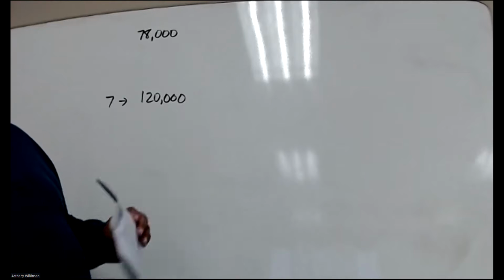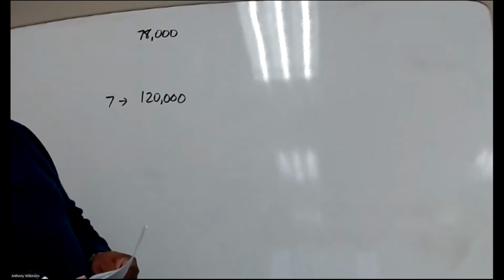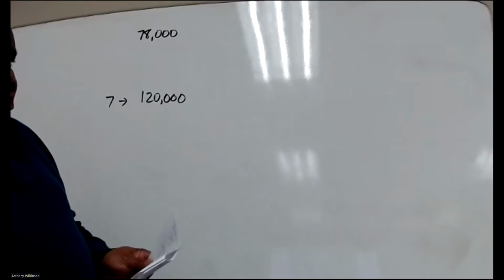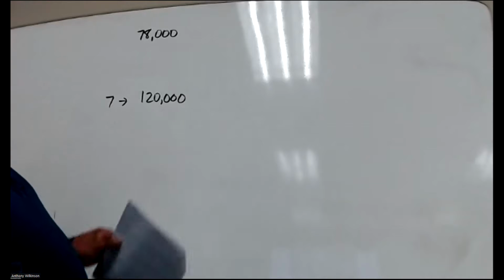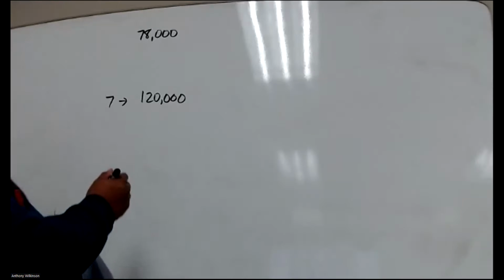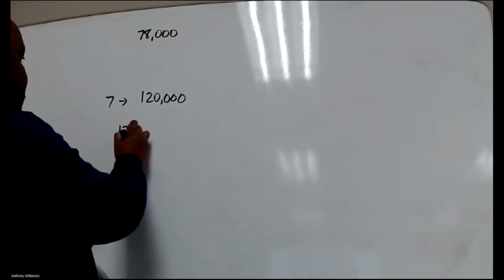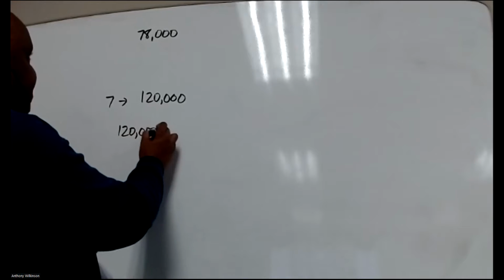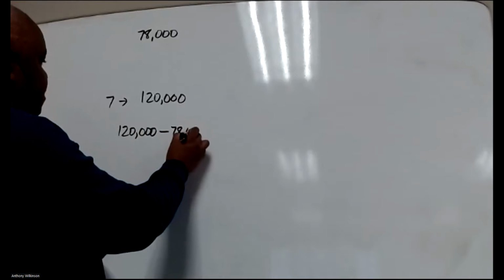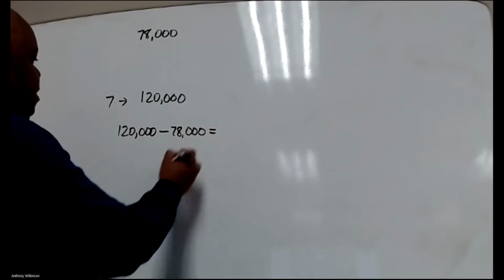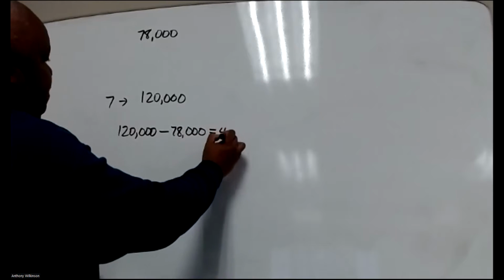That means it's increased at the same amount each year. So what would be 120,000 minus 78,000? Let's find that out first. 42,000.